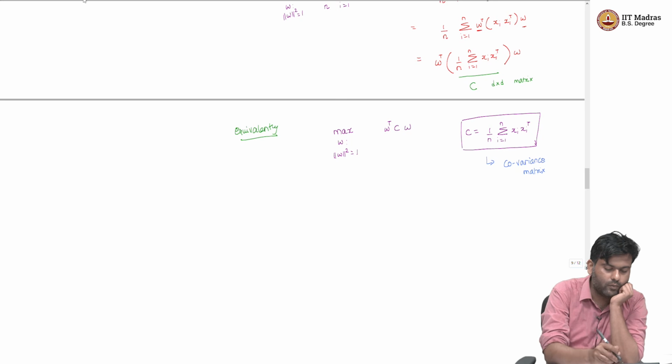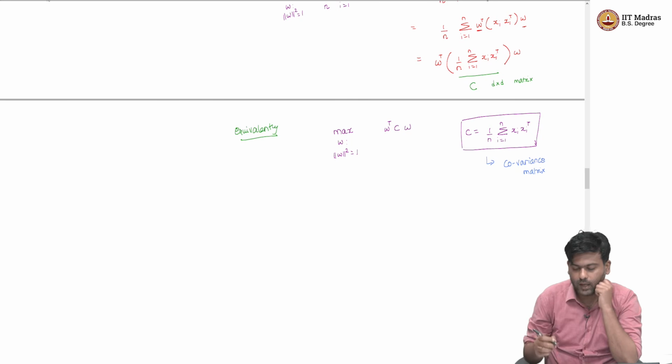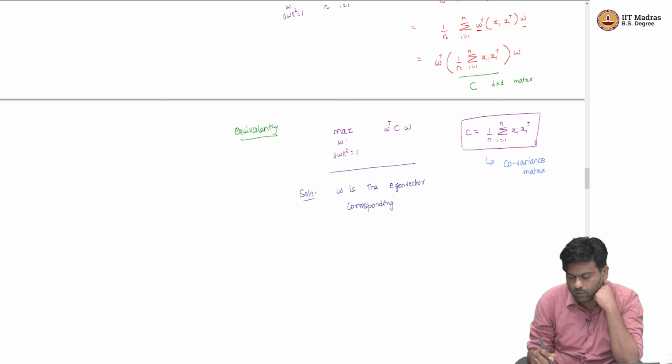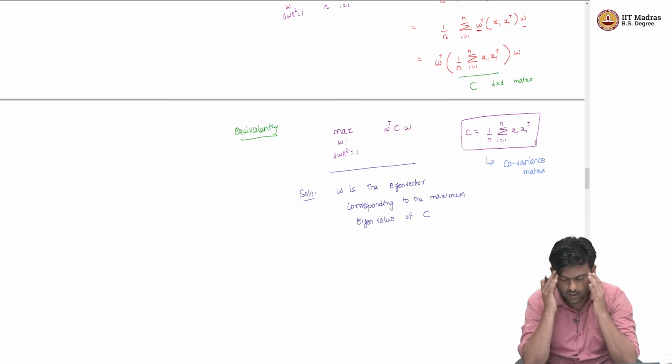Again, for those who have done a linear algebra course already, you would immediately recognize that the solution to this problem is that W is the eigenvector corresponding to the maximum eigenvalue of C, the covariance matrix.